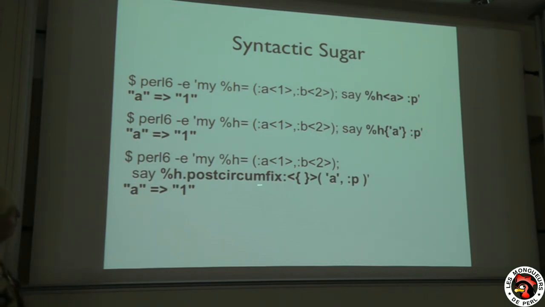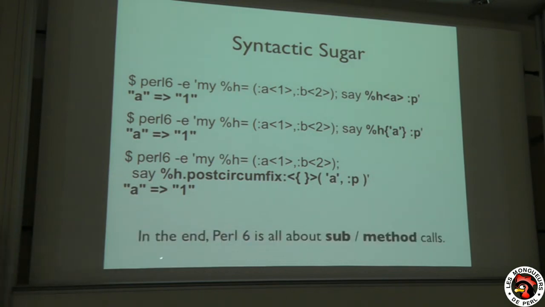This whole thing is the name of a method. You can actually write those methods yourself and thereby create all sorts of nice little things. But anyway, this is what happened inside there. So you should realize that in the end, in Perl 6, everything you do is either a subroutine or a method call. Everything is tied together in Perl 6, unlike in Perl 5.